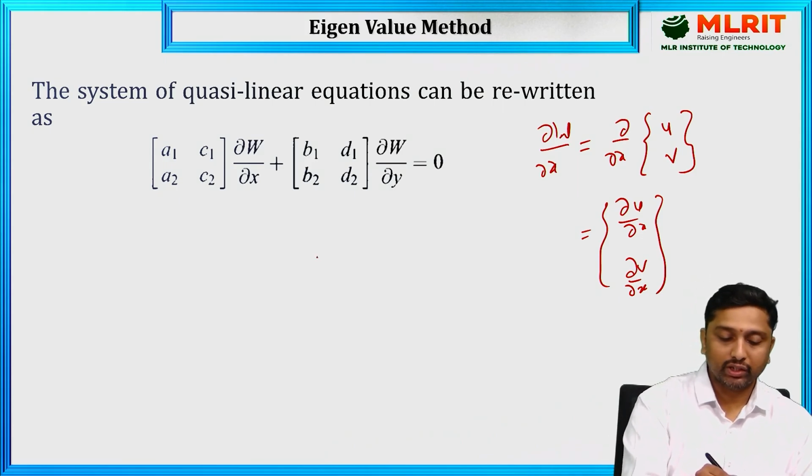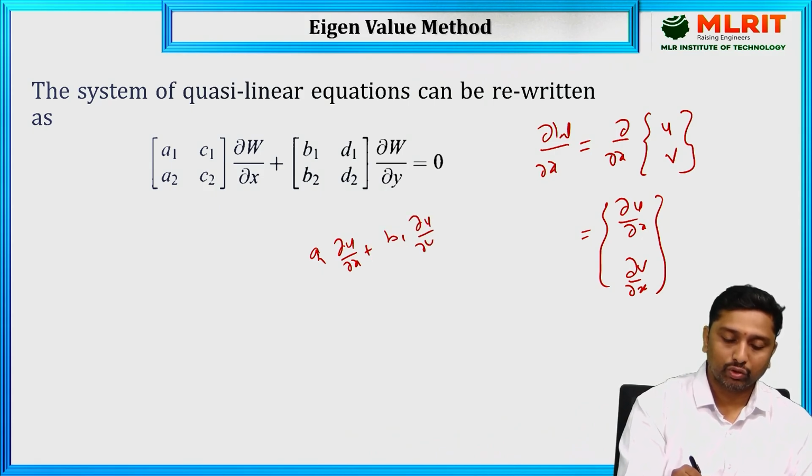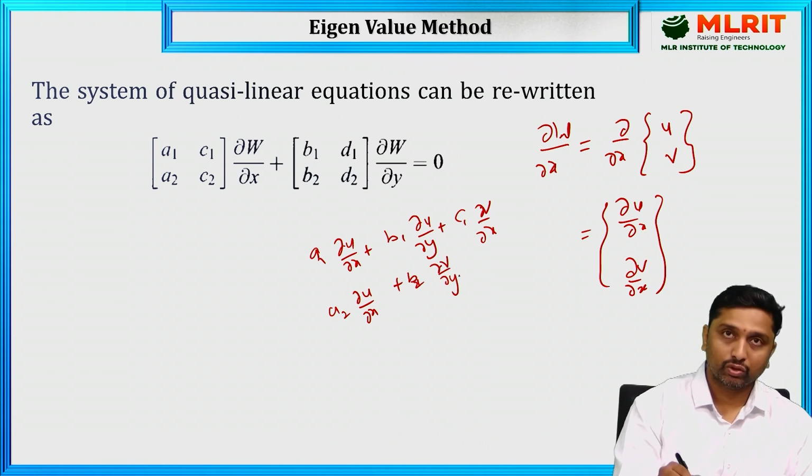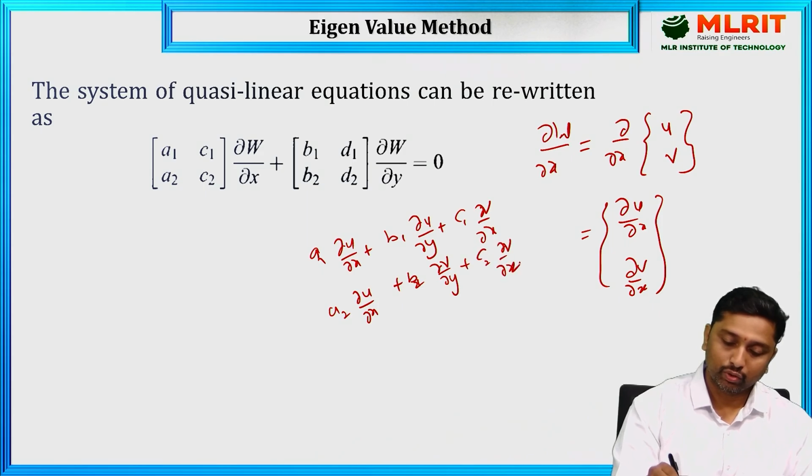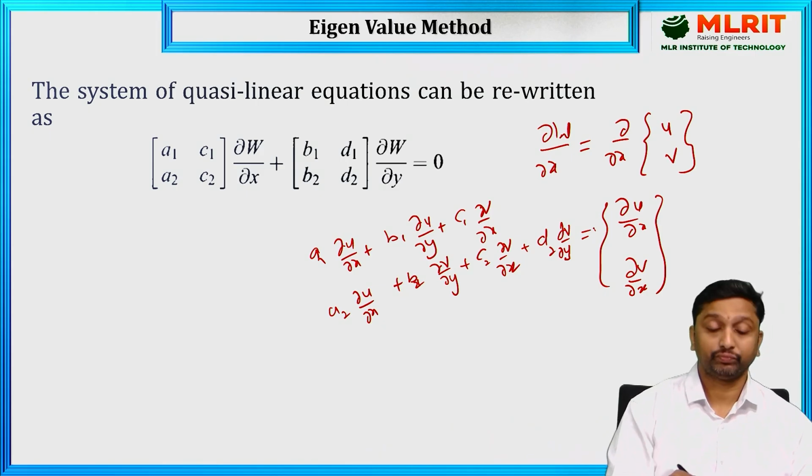Now consider the equations: a1 dou u by dou x plus b1 dou u by dou y plus c1 dou v by dou x plus d1 dou v by dou y equals 0. Similarly, a2 dou u by dou x plus b2 dou u by dou y plus c2 dou v by dou x plus d2 dou v by dou y equals 0.